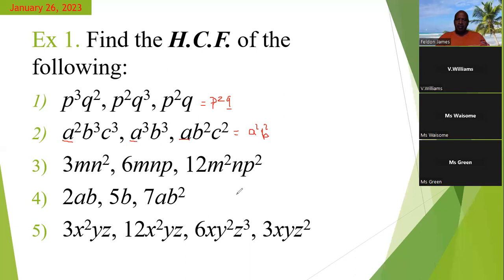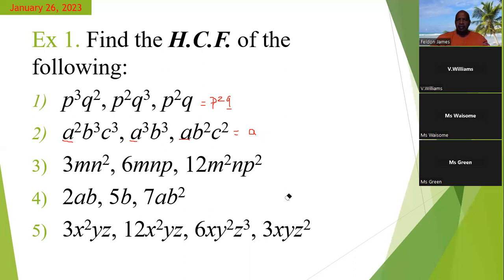So, sir, I'm seeing A that has no power. Right. That would also be the lowest power. When there's no power above the A, it means that the power is one. That means that you wouldn't have a power, it will just be A. All right. So for the A, it would be just the A.